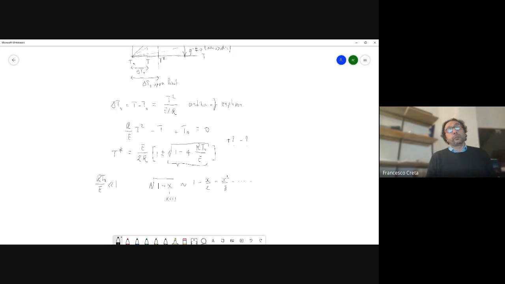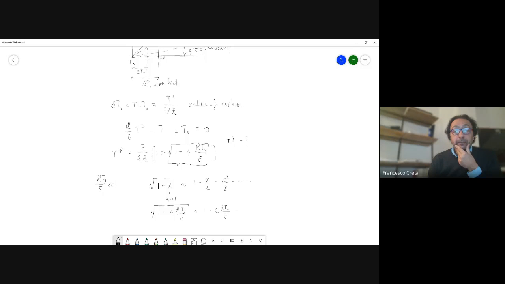Okay, so we are taking advantage of the fact that we are under high activation energy asymptotics. We proved all of that, okay? And so now, remembering that instead of x, we have RT0 over E, we can approximate this as 1 minus 2x over 2, so it's x, which is RT0 over E, okay?